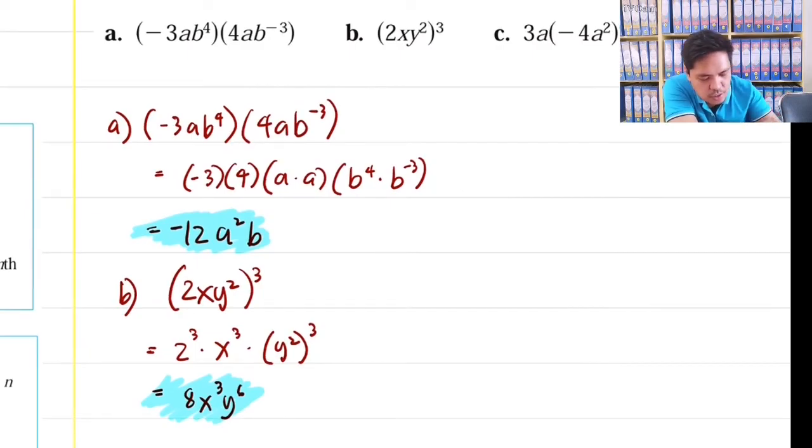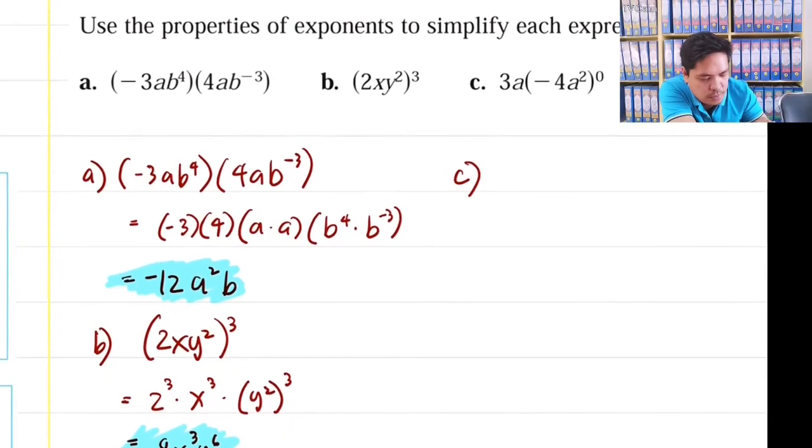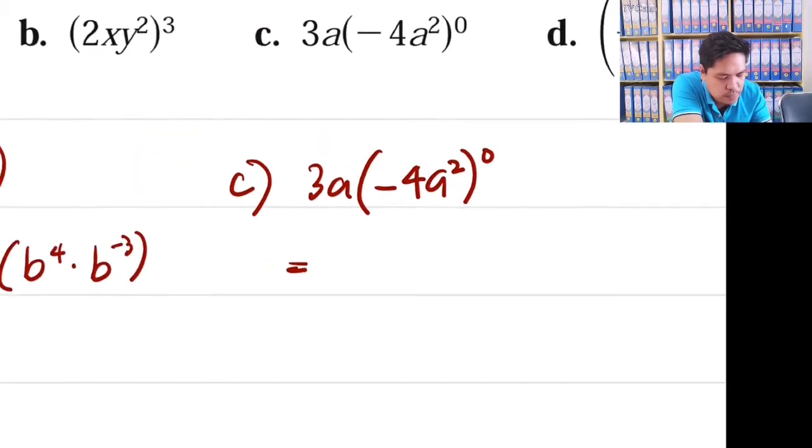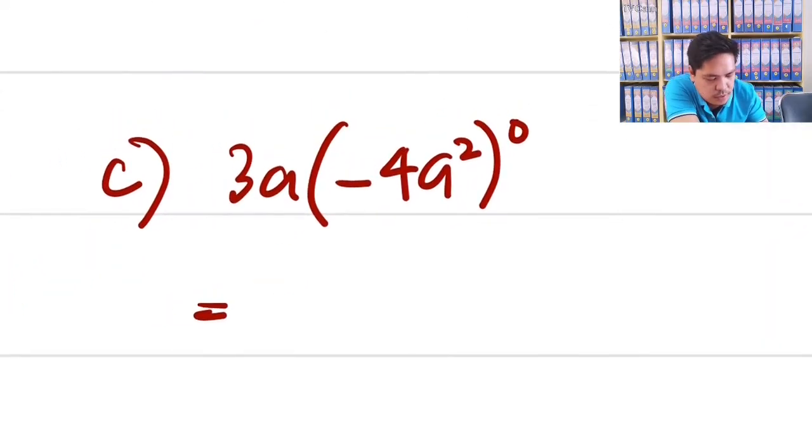Letter C. Let's try letter C. Let's just write it here. Letter C. Tatakpan ko lang din. Okay. For letter C, that's 3a times negative 4 squared raised to 0. Okay. Parang tricky pero easy lang. Okay.